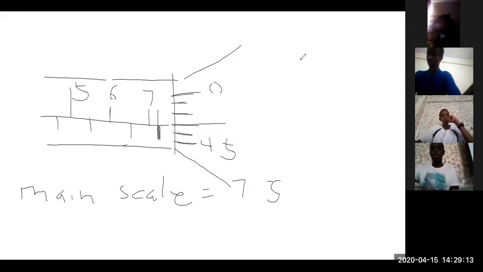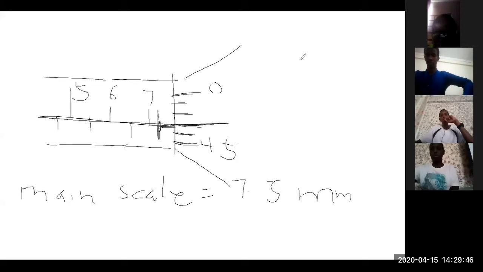And remember, all the units for a micrometer screw gauge are in millimeters. So that is 7.5 millimeters. And then we go now to the thimble. So the remaining part from this point here is the value that we are going to get from the thimble scale. If you look at this main line here, the value it is coinciding with on the thimble scale is this point here, which if you read, we have 45, 46, and then 47.